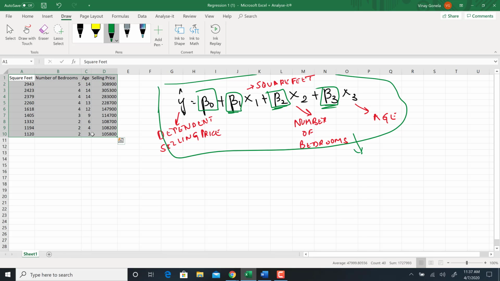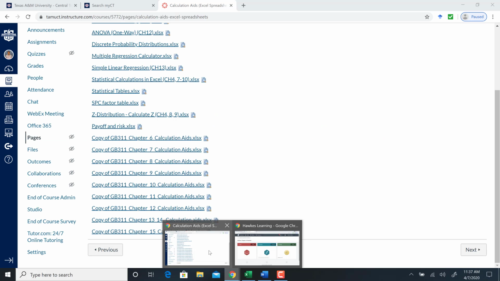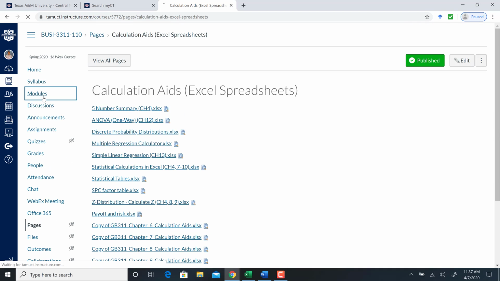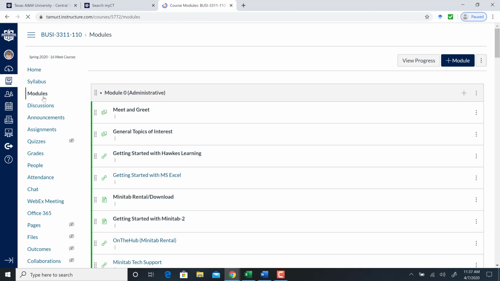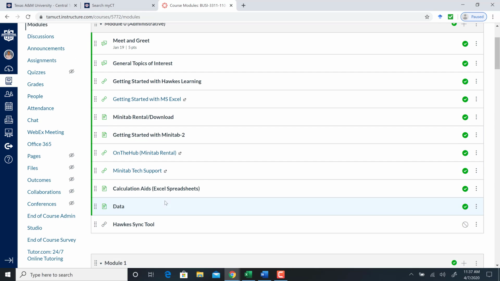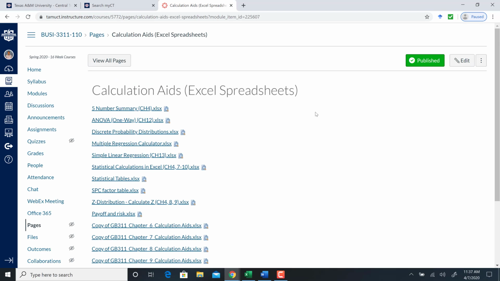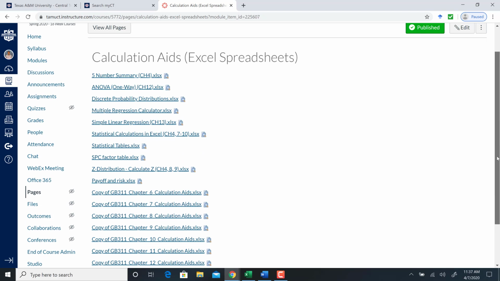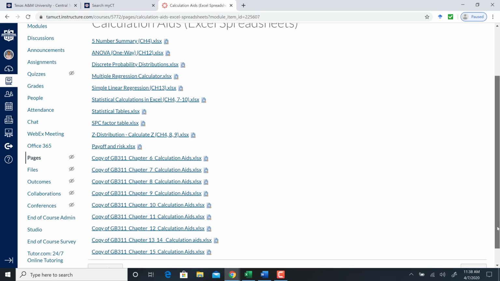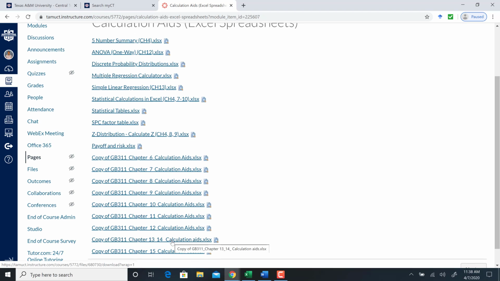So I will copy this data to our calculation aids. I will go to our Canvas page, go to modules, and then in module 0 I will go to calculation aids, and in calculation aids I will go to chapter 13 and 14 calculation aids. Chapter 13 is simple linear regression, and chapter 14 is multiple linear regression.